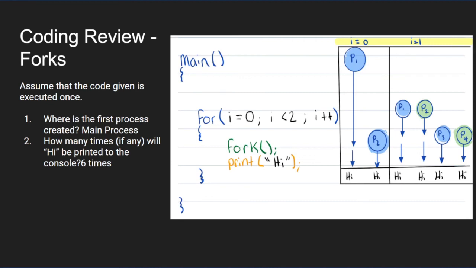So we'd have 1, 2, 3, 4, 5, 6, 7. Wait, so it should be 8, right, Chris? 2 to the third? Yes. So it'd be 2 to the third, which would be 8 processes.